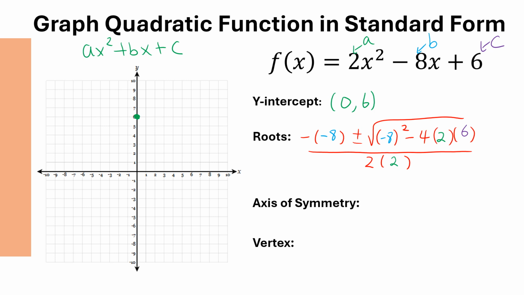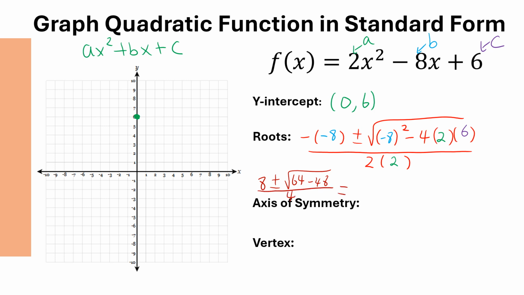So negative negative 8 is the same thing as just positive 8, plus or minus the square root of negative 8 squared, so that's 64, minus 4 times 2 times 6, so that's going to be 48, and then divide that by 2 times 2, which is 4.